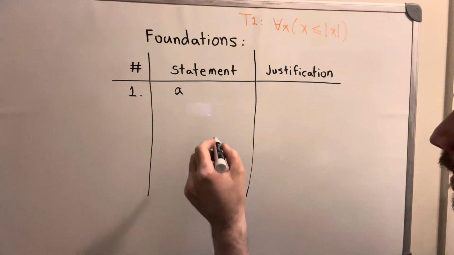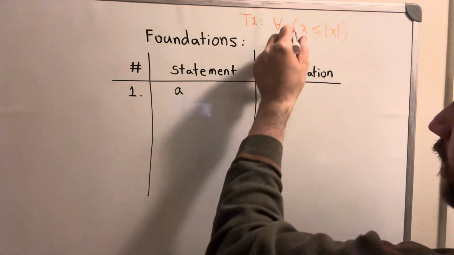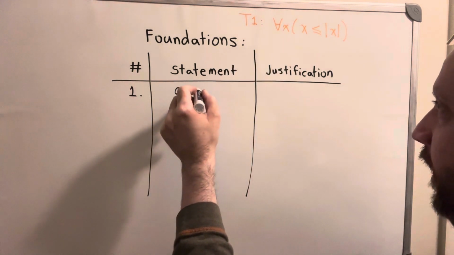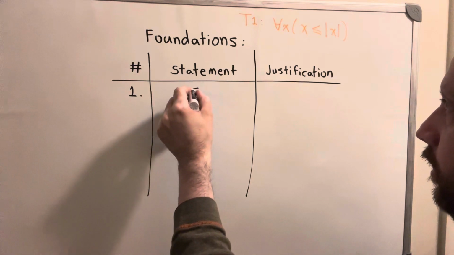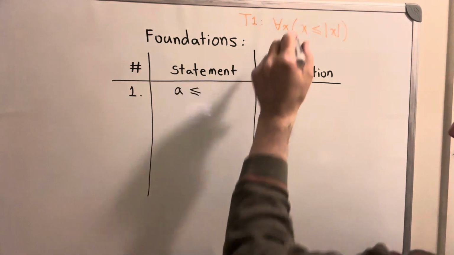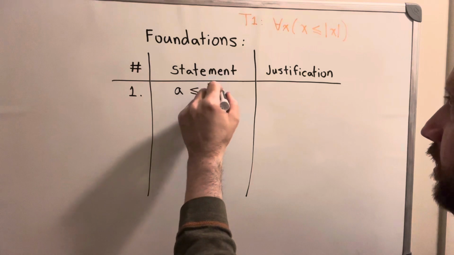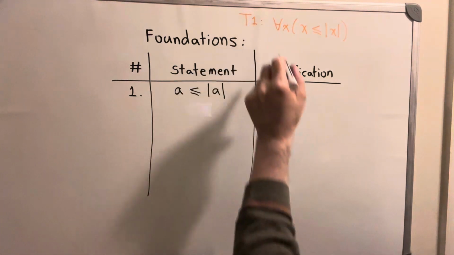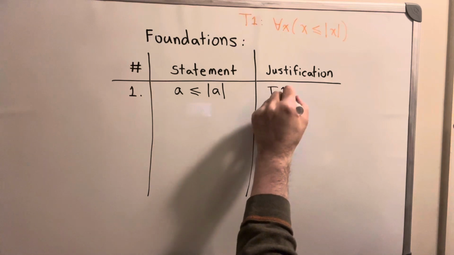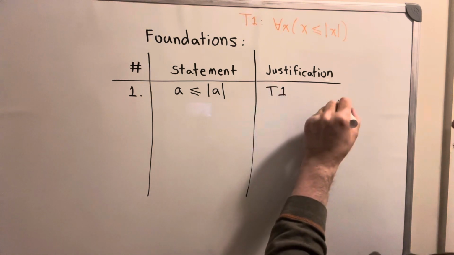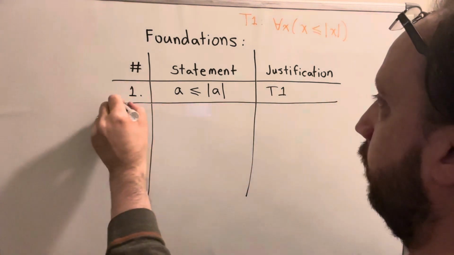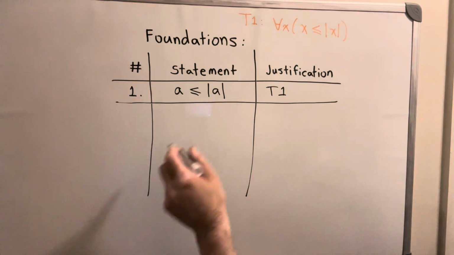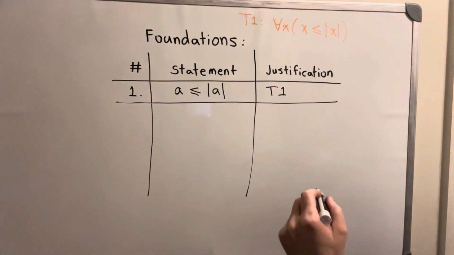We're saying generally, and it has to be something that works for any value of a. In this theorem, it works. a is less than or equal to the absolute value of a. And what's the justification? It's that theorem 1. We can accept this because we accept this theorem as valid.